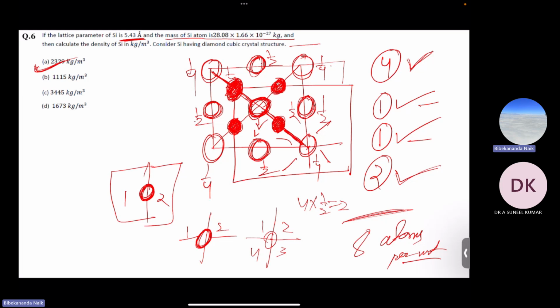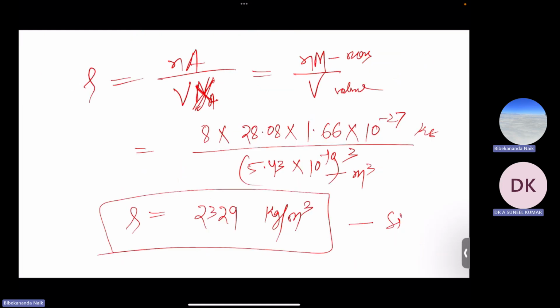So these 2 correspond to these 4 atoms. And then the remaining one is the central one. This central one is already enclosed inside, so this corresponds to 1. So there are total 8 atoms per unit cell. So is this clear to you? Yes, sir. Okay. Thank you, sir.